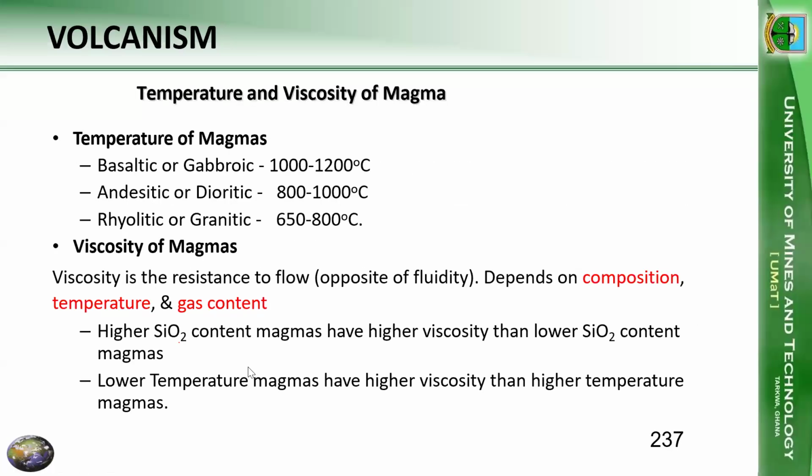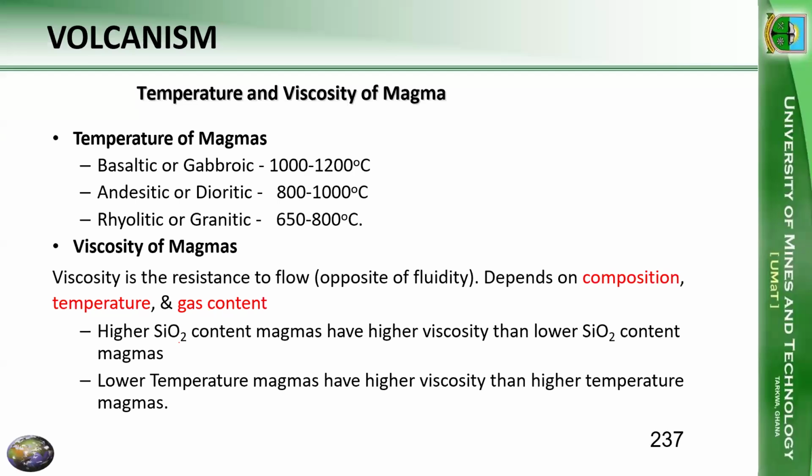Then, when we talk about basaltic magmas, these are magmas that form at very high temperatures, 1000 to 1200 degrees Celsius. Then andesitic, 800 to 1000 degrees Celsius, and then rhyolitic, 650 to 800 degrees Celsius. And with the viscosity, once again, viscosity is a resistance to flow, and higher silica content magmas will have higher viscosity than lower silica content magmas.